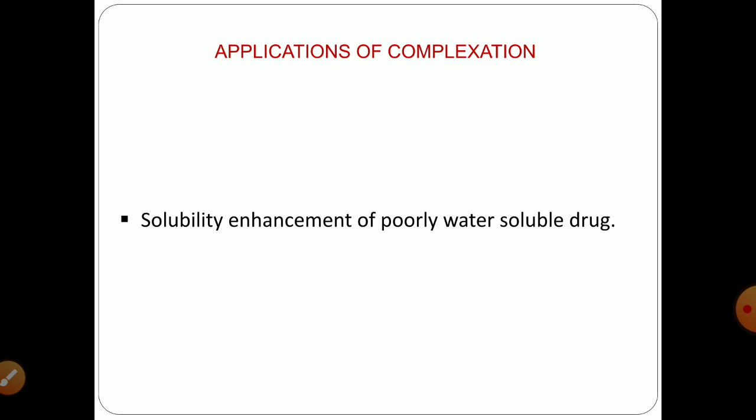Out of the available drugs, nearly 40 to 45% fall into the poorly water soluble category, and this is the reason why they have limitations in developing a dosage form. So by means of complexation, you can work on solubility enhancement of that poorly water soluble drug.